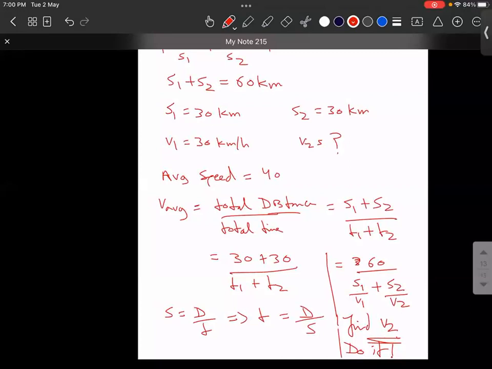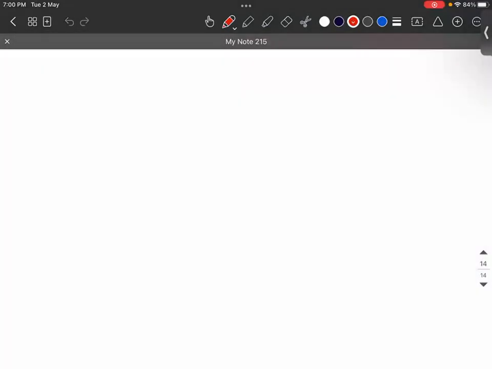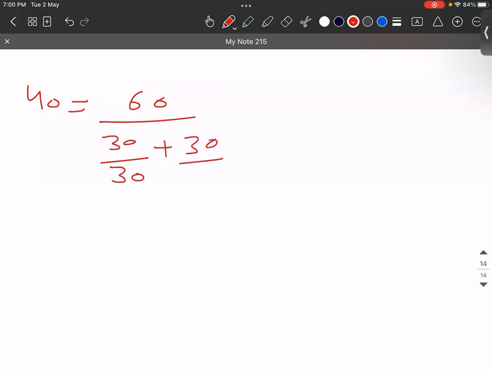S1 by V1 is 30 by 30, so it's 1 plus 30 by V2. 40 on one side, 60 on the other. So 40 is equal to 60 divided by 1 plus 30 by V2.